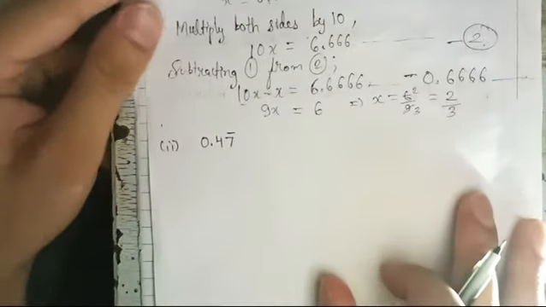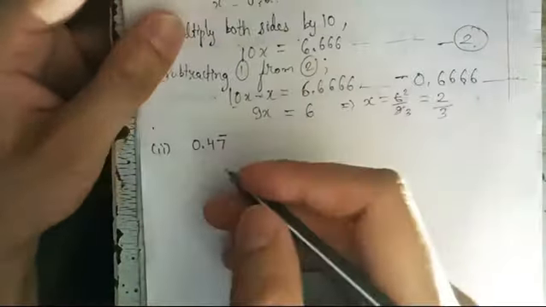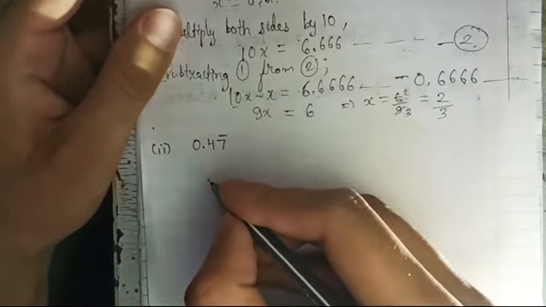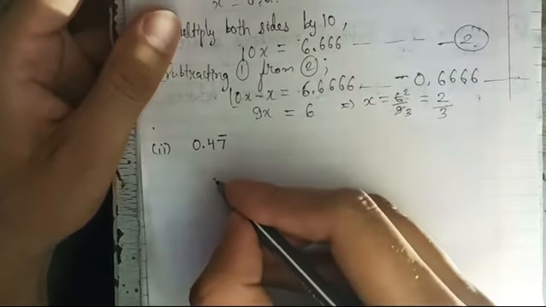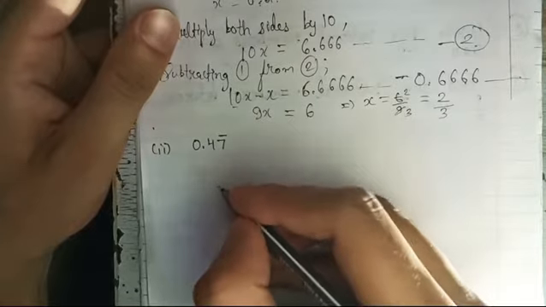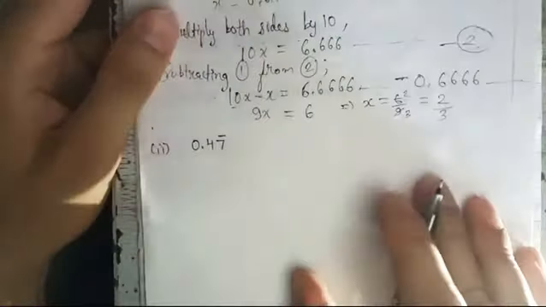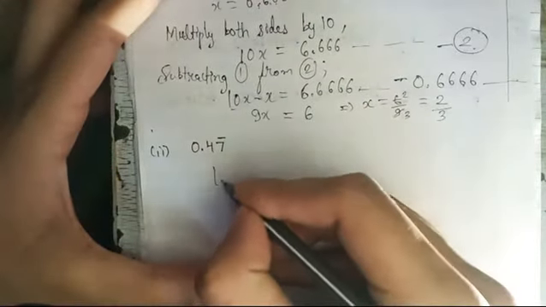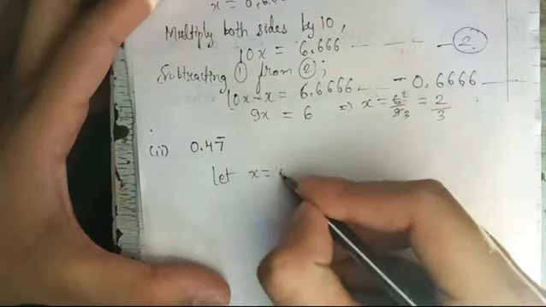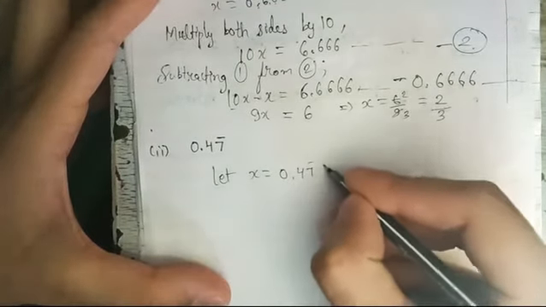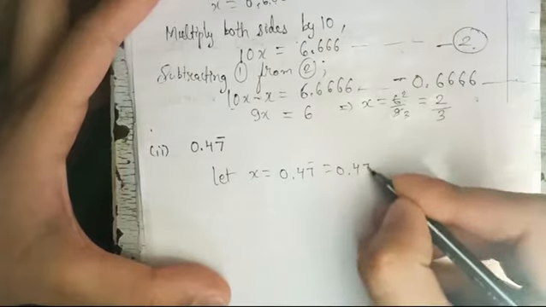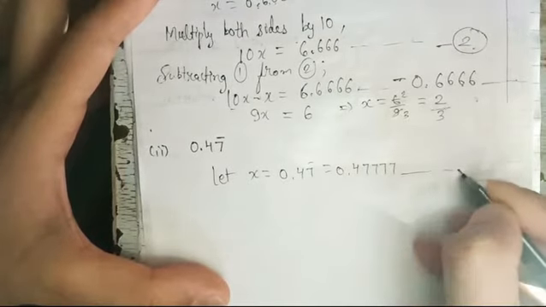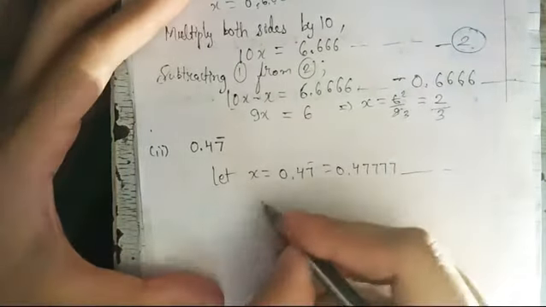Now 0.47 bar, second question. In this question also we will let x equal to, always we will suppose x. So let x is equal to 0.47 bar, that means 0.47777 and so on.